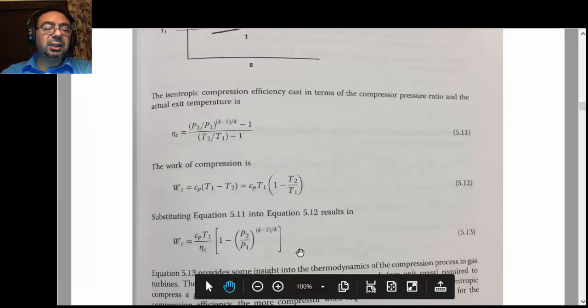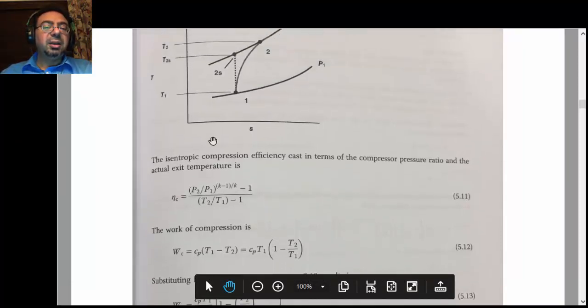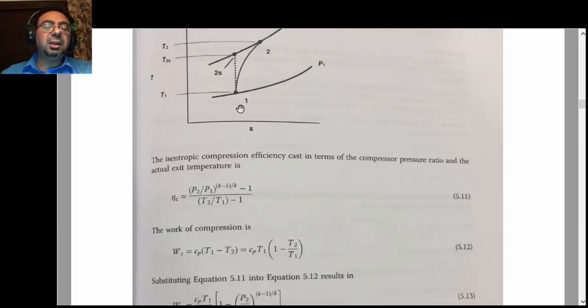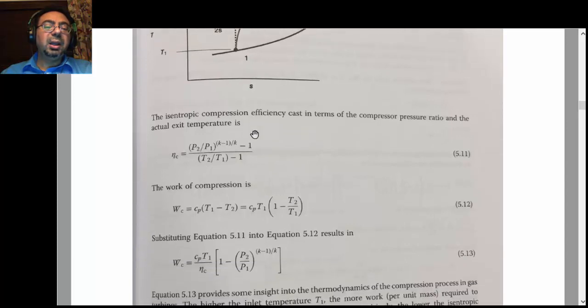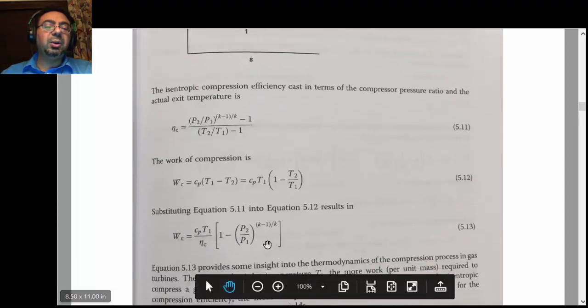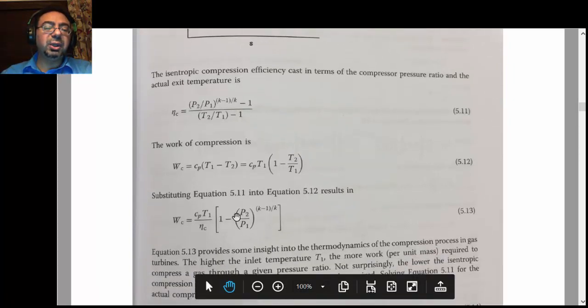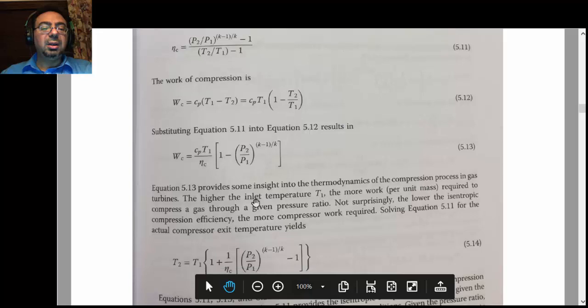In that expression, he gets the isentropic temperature T2s, and then he gets the ideal work, and then he uses the eta in order to come up with T2 minus T1, and so eventually he ends up getting the work of the compressor. All those steps are embedded in that formula, so you can go ahead and use it.